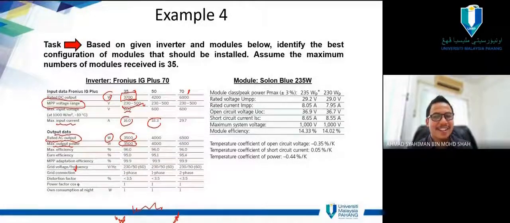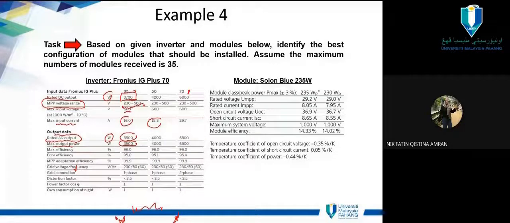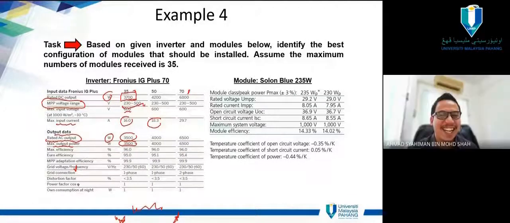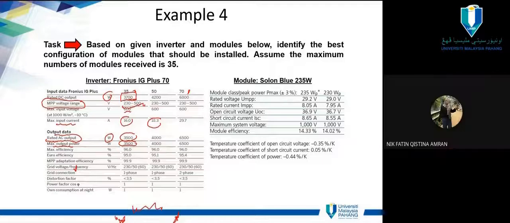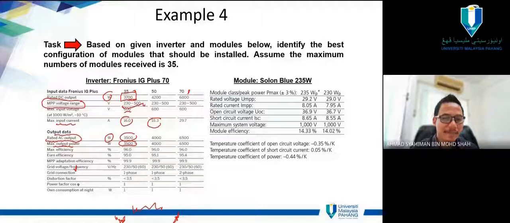Awak rasa yang mana satu betul? Betul lah tu. Yang mana? 3,500. Sebab? Tak tahu sebab. Tak tahu. Aduh.